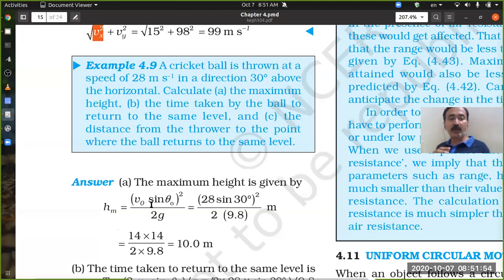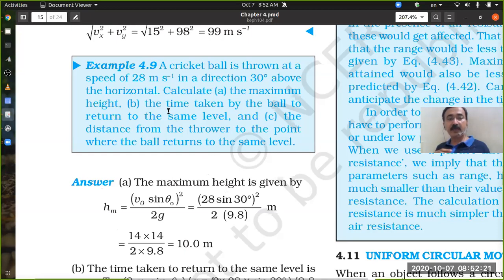So this formula we have already derived. Just put down the values. Now how many of you know what is the value of sine 30? 1/2. Okay. Then the rest of the story is simple.